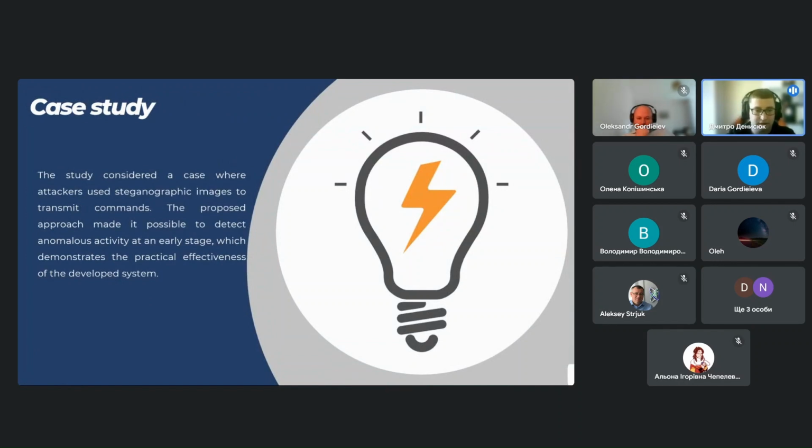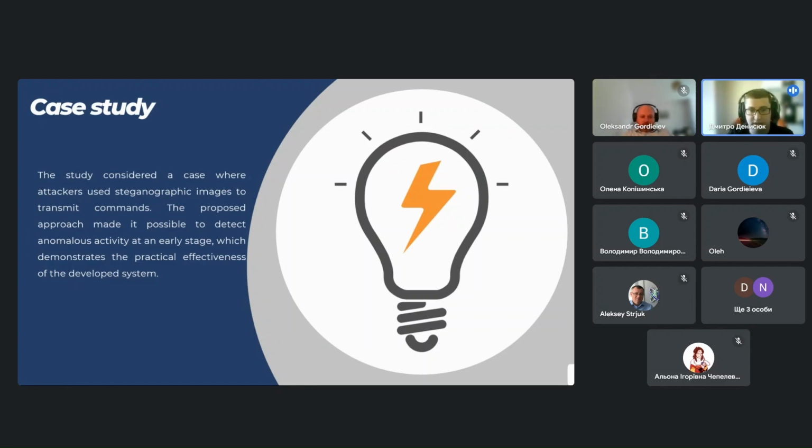To verify the system effectiveness, it was tested on a real-world task. Our simulation modeled an attack where an attacker used an image with steganography to send commands to the botnet.